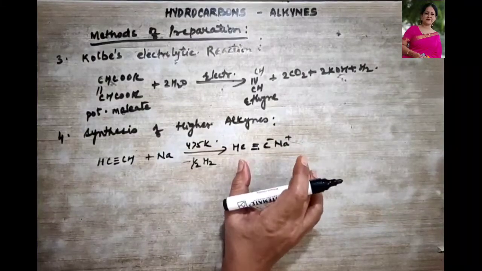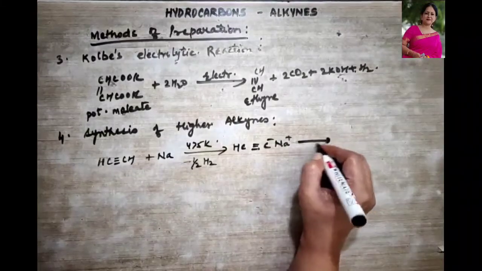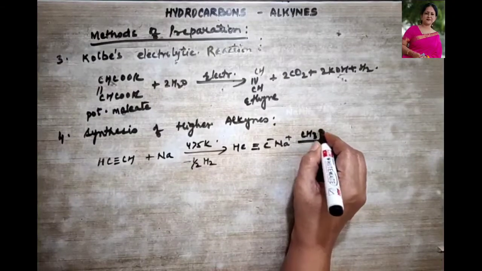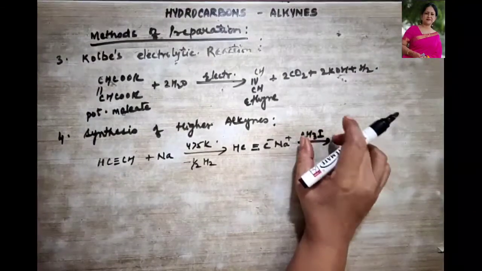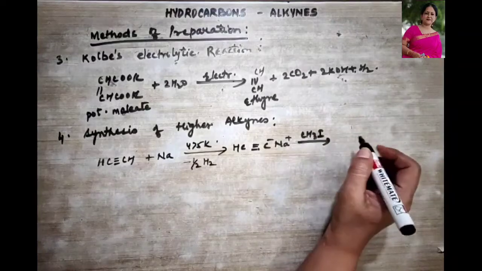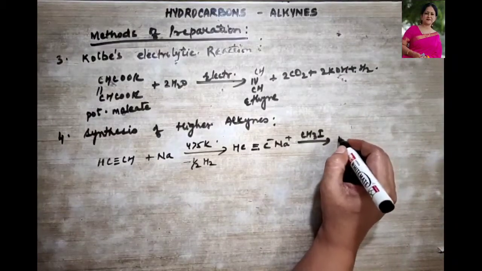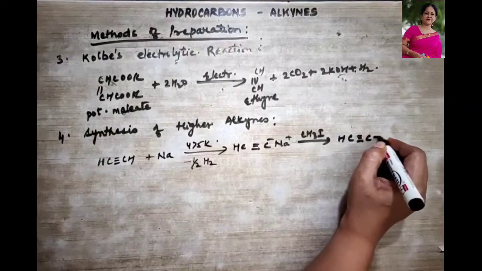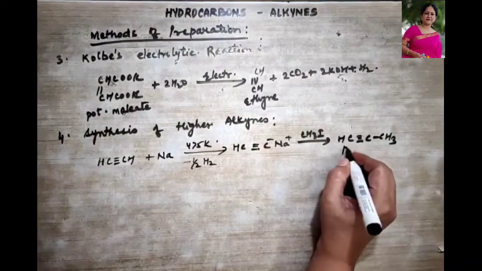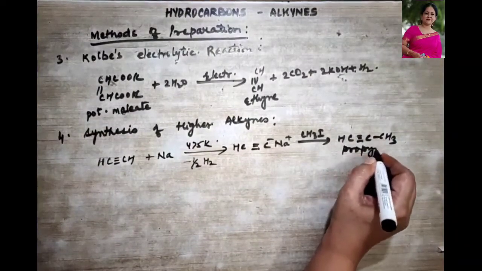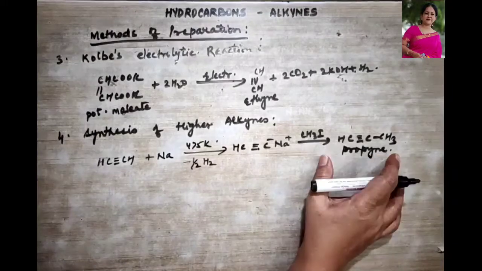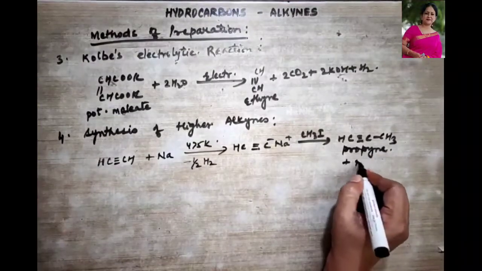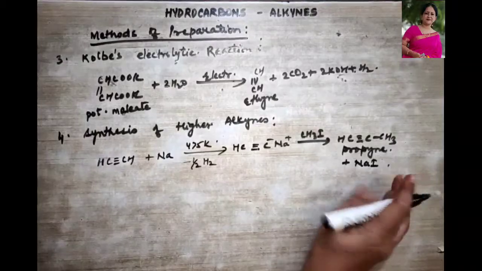This is your sodium alkynide, which further, when treated with CH3I, that is methyl iodide, is going to give us propyne, that is HC≡C-CH3. This is your propyne, and the alkyne is formed along with sodium iodide.